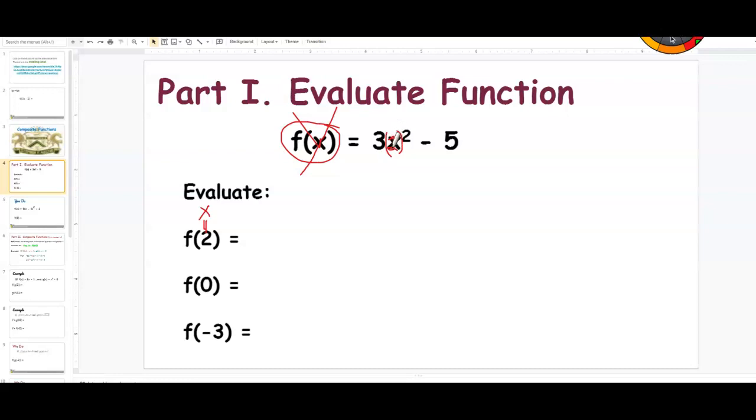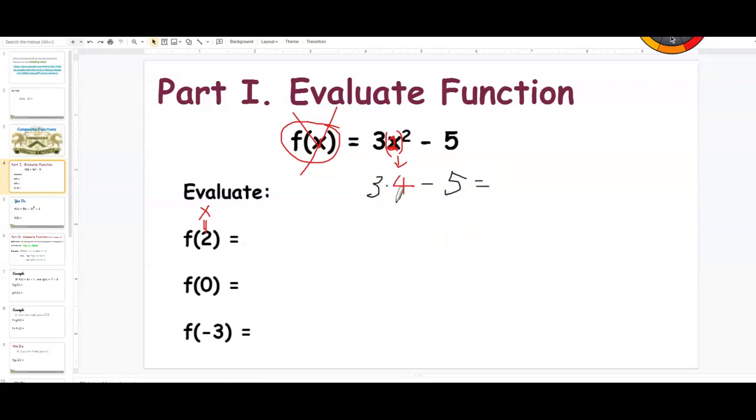So when you plug in the number, give it a parenthesis. So now the equation becomes 3 times parenthesis 2 squared minus 5. And based on the order of operation, which is PEMDAS, we're going to deal with the exponent first. So 2 squared is 4. And you bring down the rest you haven't touched, which is 3. So now it becomes 3 times 4 minus 5.